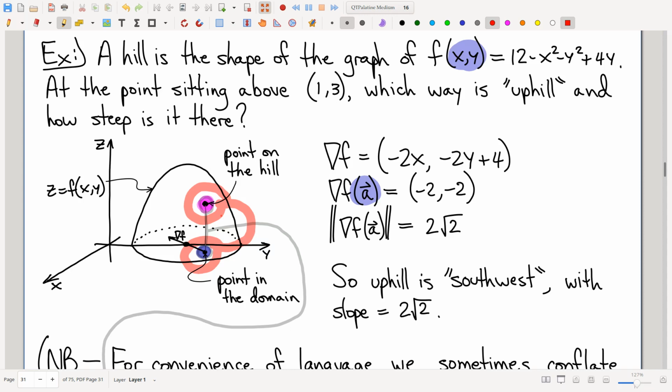Now, one thing to keep in mind is that we're just talking about what's happening at a single point on the surface, right? So if the surface has a different shape over here, maybe, okay, that's not what we're talking about. We're just talking about one single point on the hill, aka one single point in the domain. And yeah, uphill and downhill will always be exact opposites of each other.